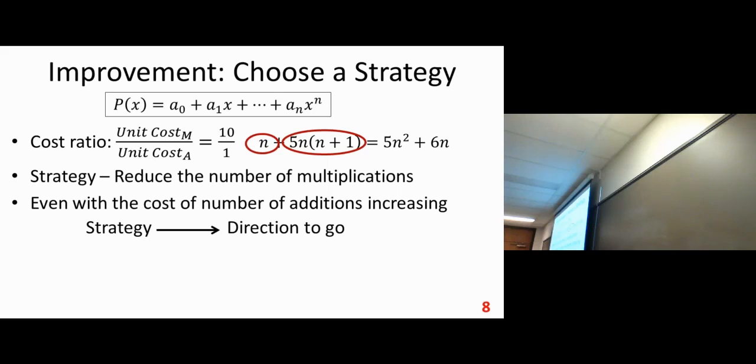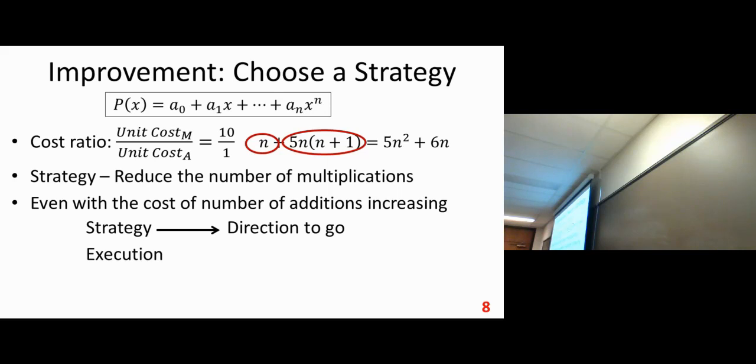Because the strategy usually tells us what direction to go. If you don't have a strategy, do you know how to solve it? You have no direction. I don't know where to spend my time, because I don't have a strategy.